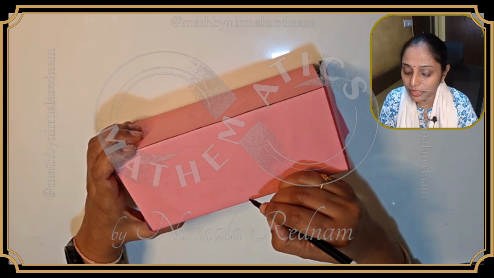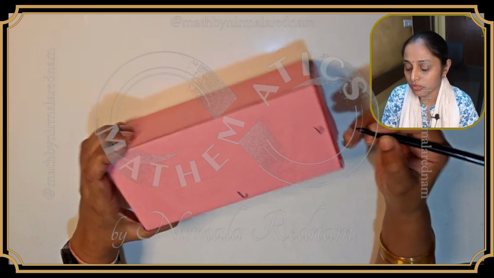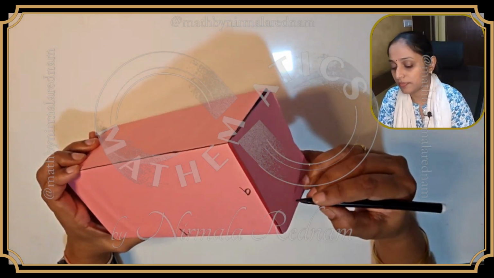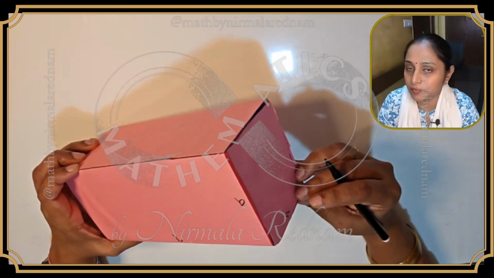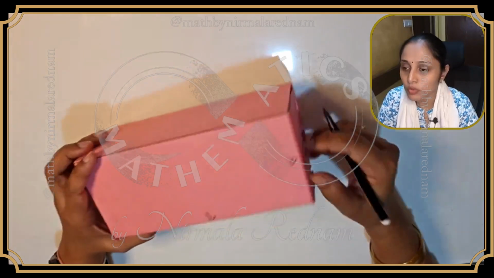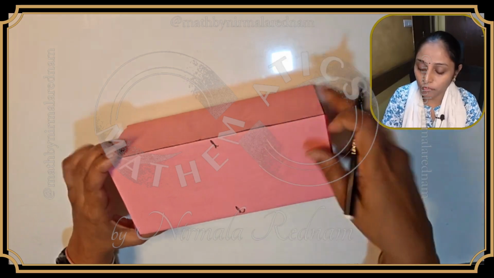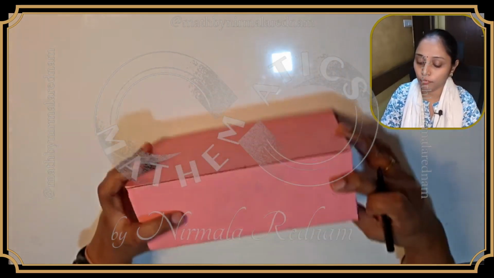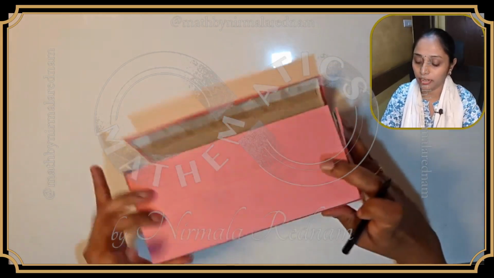So if the dimensions are L, B and H, and if this is H, then I want to find out the surface area of this using the net of the cuboid, right? So let me uniformly write it everywhere before opening it up for the net.